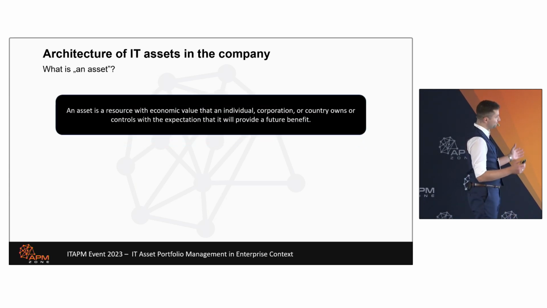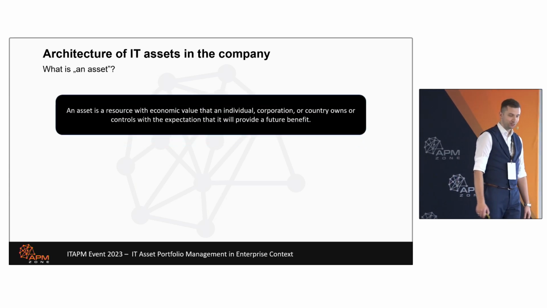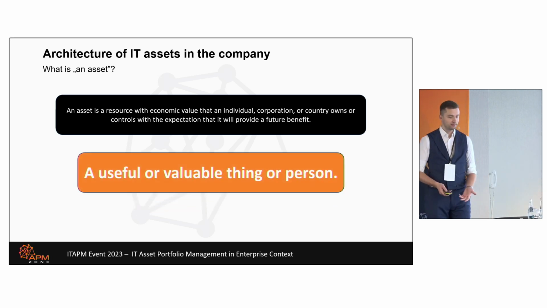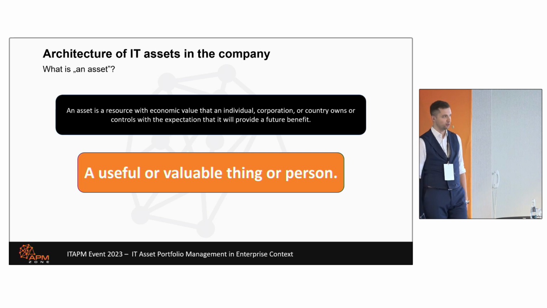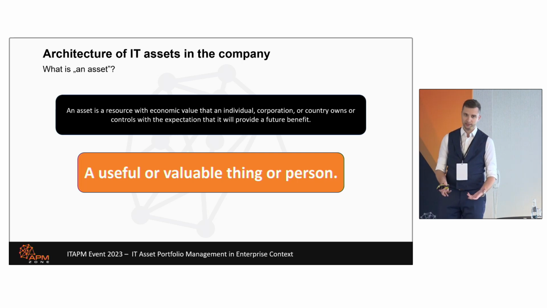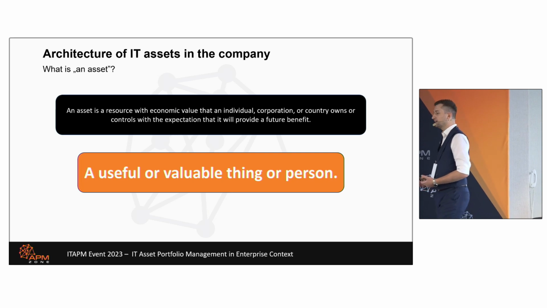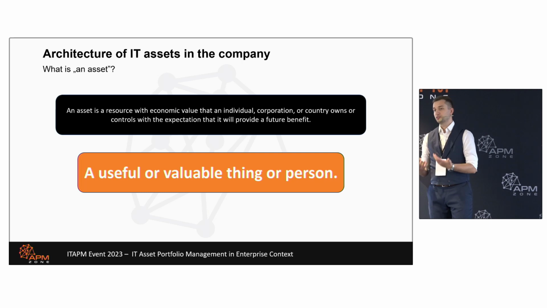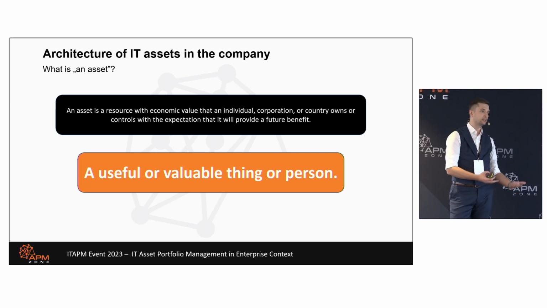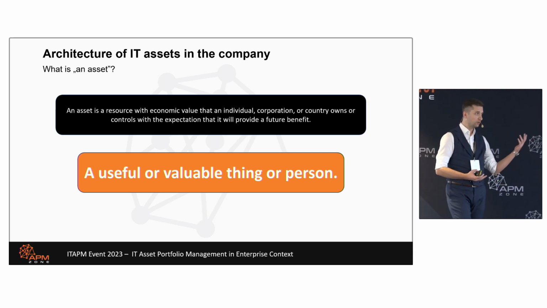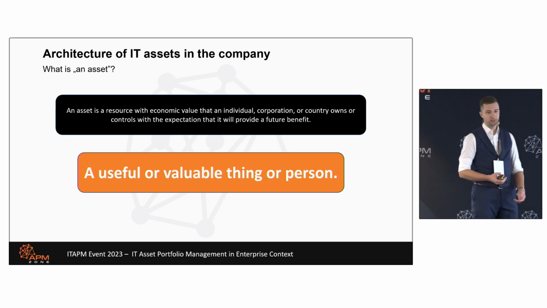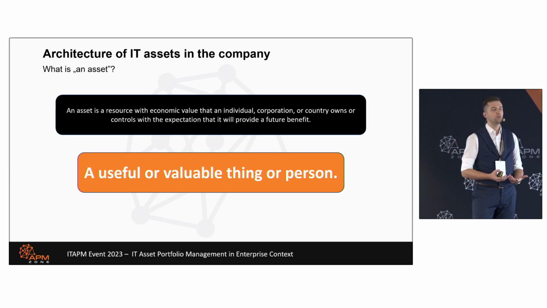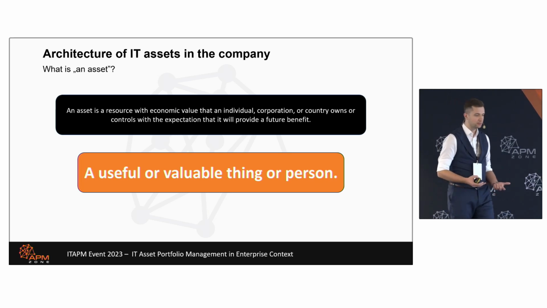The official definition is that it's a resource with economic value, but in the end, a useful or valuable thing or person, anything basically that is in the enterprise, is an asset. It can be a person, it can be a process, it's knowledge, it's a server, it's a license, warehouses, planes or ships, trucks, factories. All of that are assets, because otherwise, why would we need them, right?